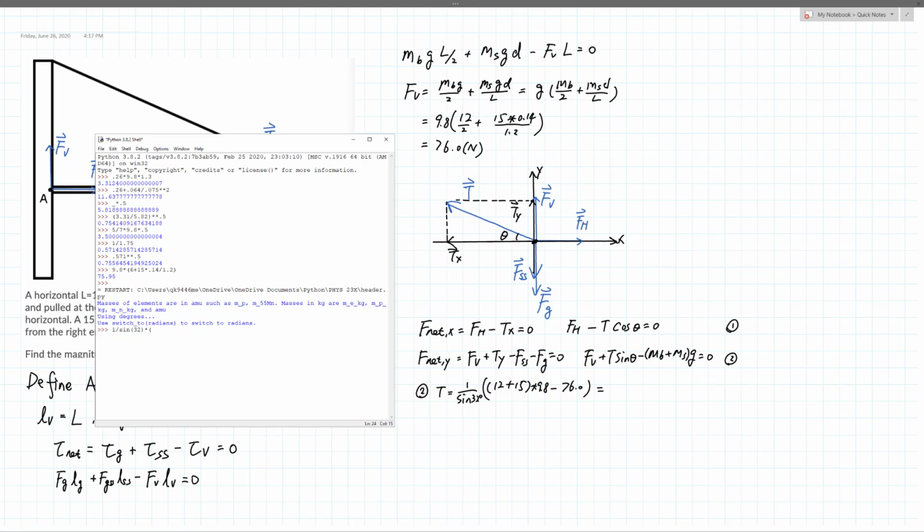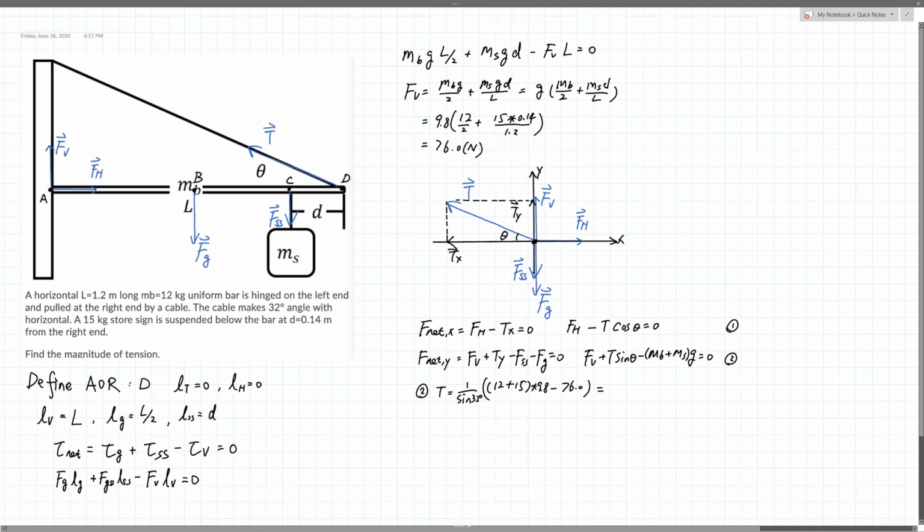Now we have the 12 and the 15, the 27. So 27 times 9.8, and then minus 76, and close parentheses. So we have a total of 356 newtons.